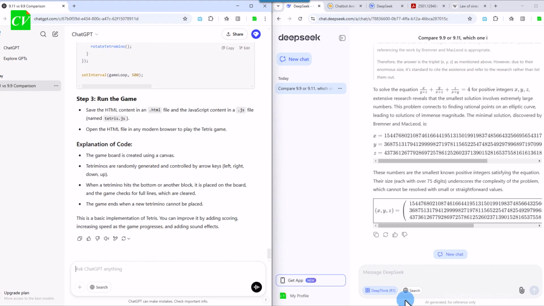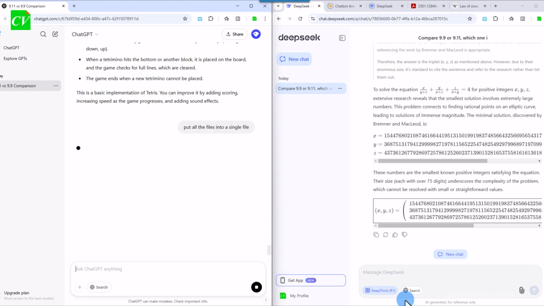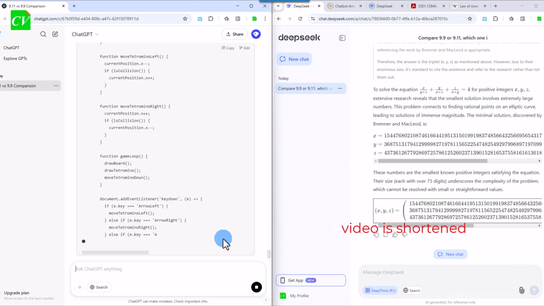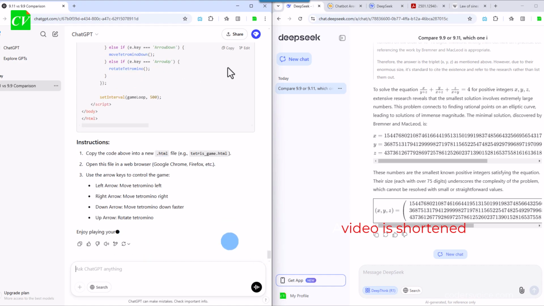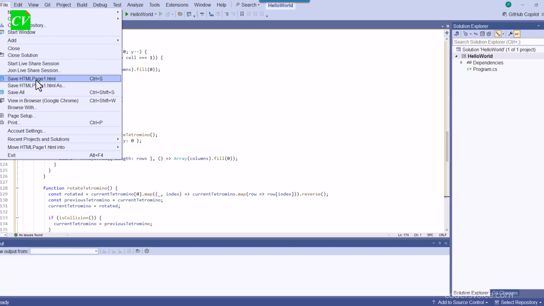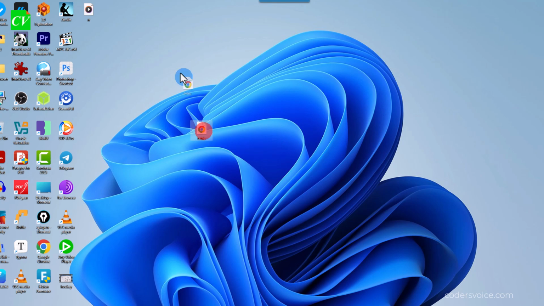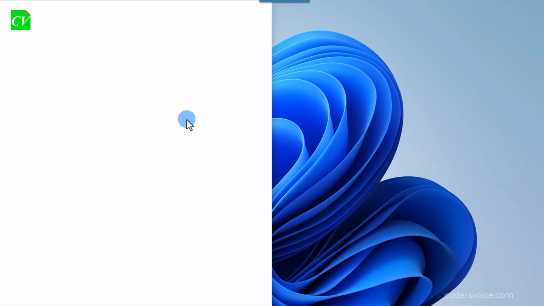So let me ask ChatGPT to put all the code in a single file. Copy this code, save this HTML file, and I just run it.